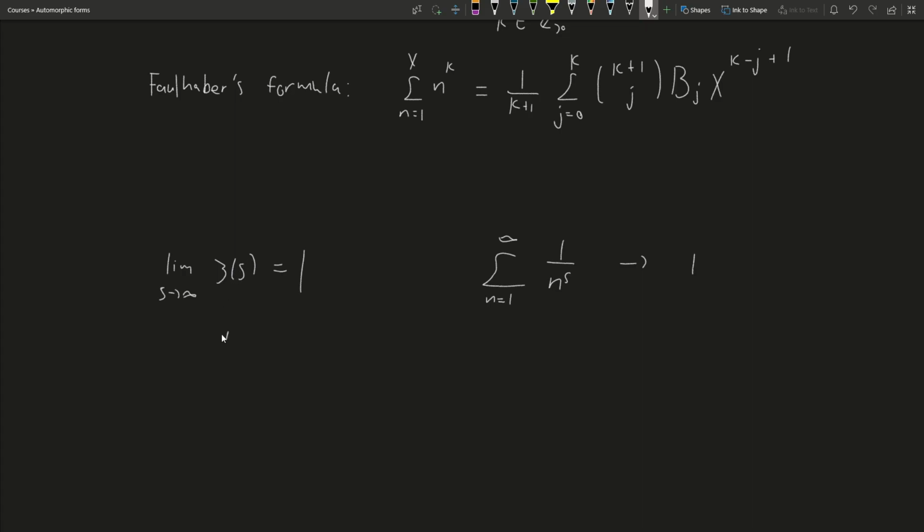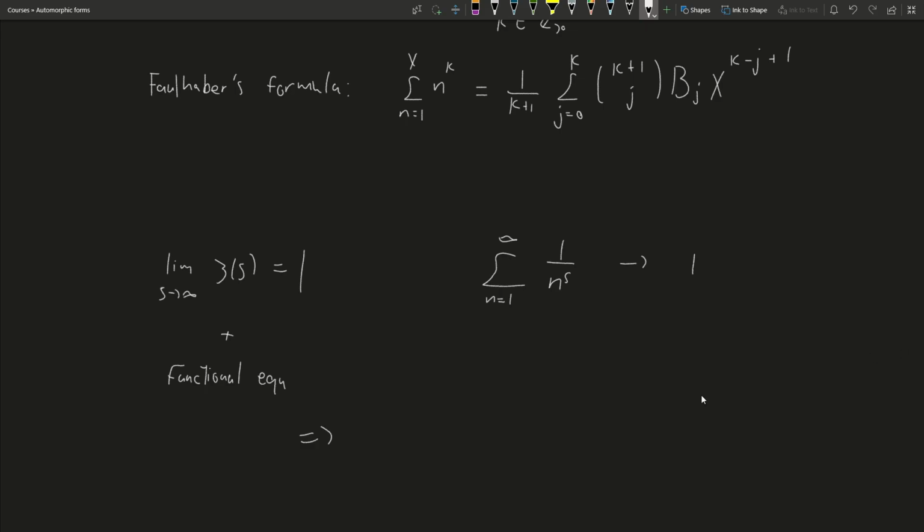So this fact combined with the functional equation implies that, what is the bound you end up getting?